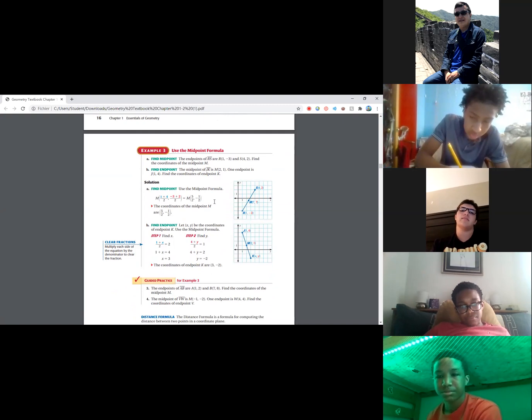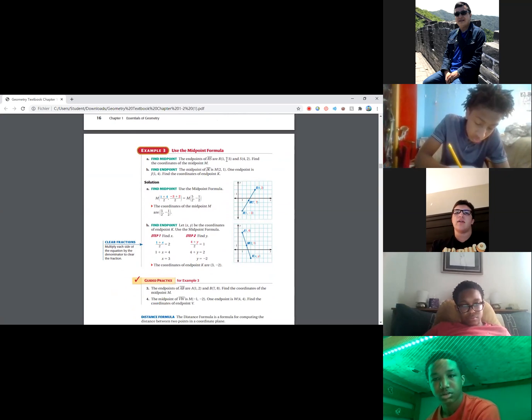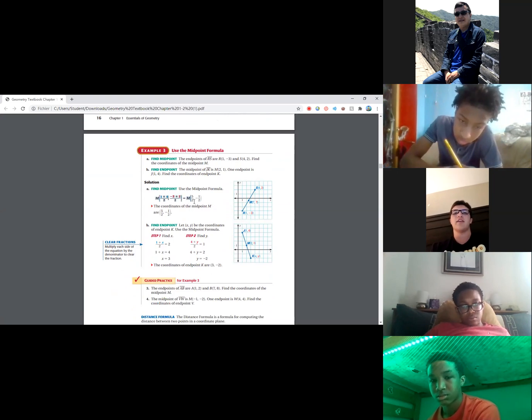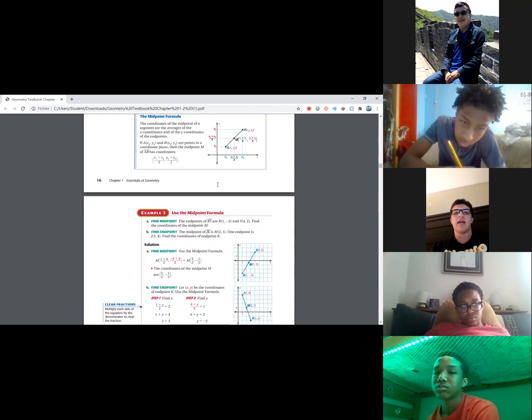Here they do an example. They say the endpoints of RS are 1, -3, and 4, 2. Find the coordinates of the midpoint M. I was going to ask one of you to do it, but it seemed like we could already see the answer, so we might as well just go over how they did it. If you look at the formula from before, you just add the x coordinates and divide by 2, and then add the y coordinates and divide by 2.